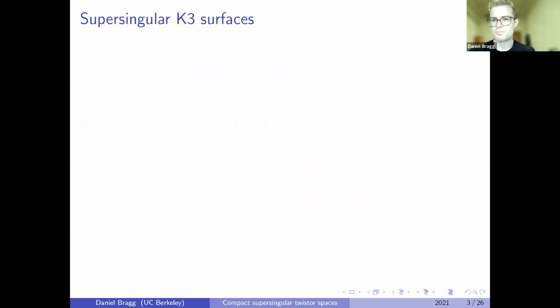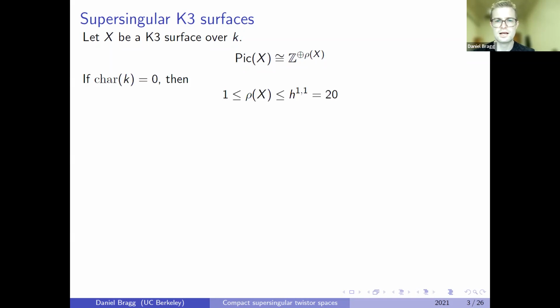Okay, so what is a supersingular K3 surface? There's a bunch of different characterizations, but here's one. Let's say X is a K3 surface. The Picard group of X is a free Z-module of some finite rank rho of X. This is called the Picard number of X. And you can bound the Picard number in terms of some cohomological invariants.